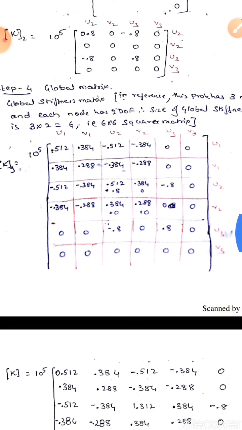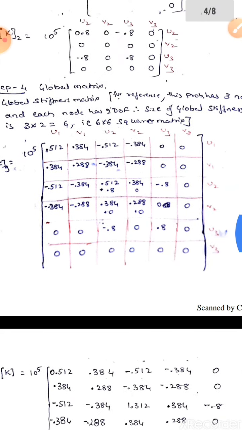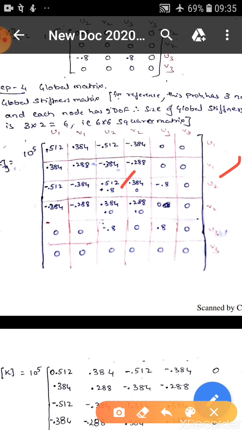Similarly, write the v1 row, u1 column, v1 column and so on. You will also get these from element stiffness matrix 1. Now the next one, the u2 row, u2 column. For this there are 2 values: one in stiffness matrix k1 and the other in k2. You should carefully add those two.